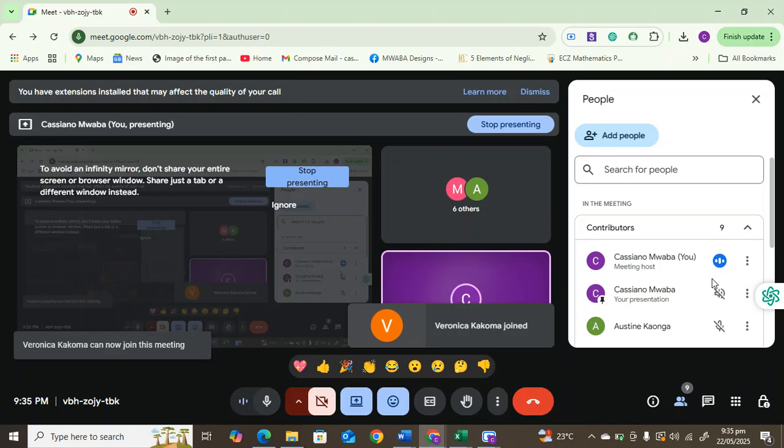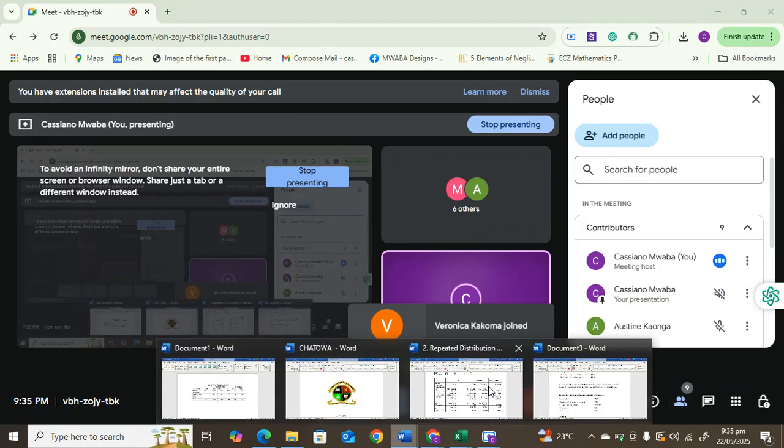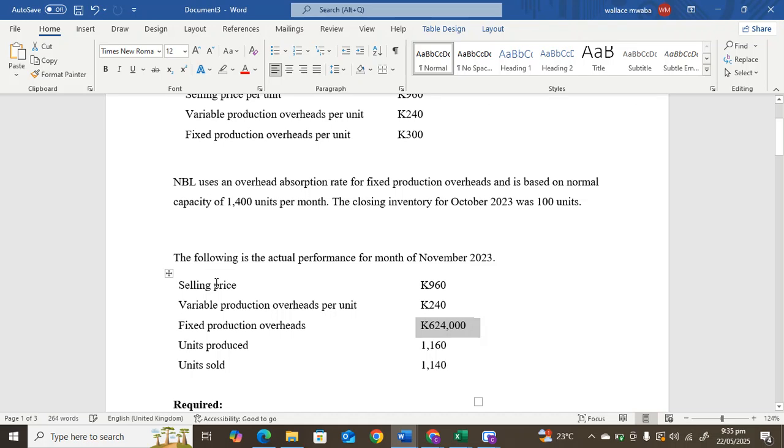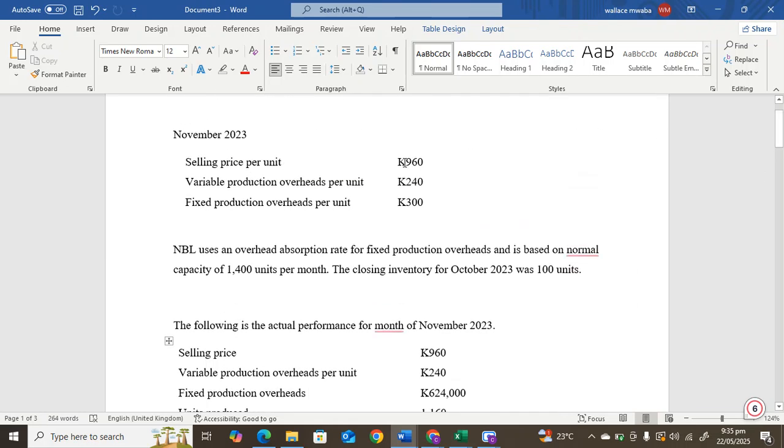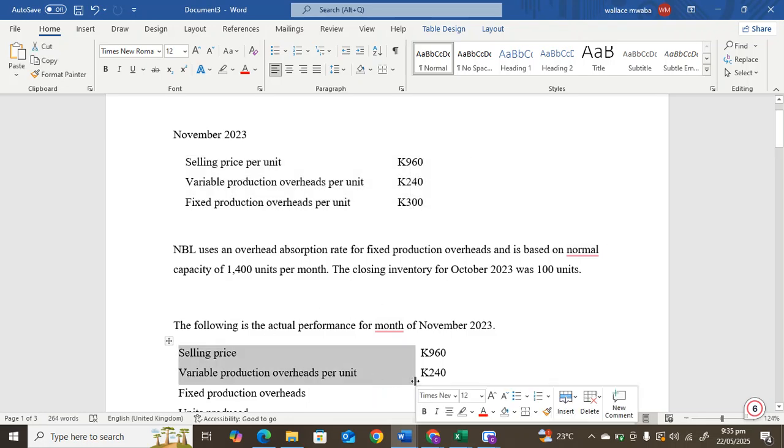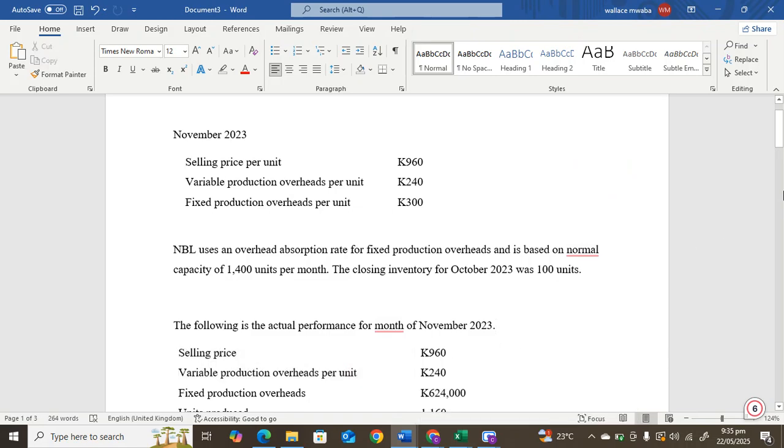When we come to absorption costing, I'll explain more on that. So take note of that, colleagues. For marginal costing, we're using the data which has been given for the actual month. In your practice question, I've changed figures. The budgeted and the actual performance are different. So focus on the actual performance figures.